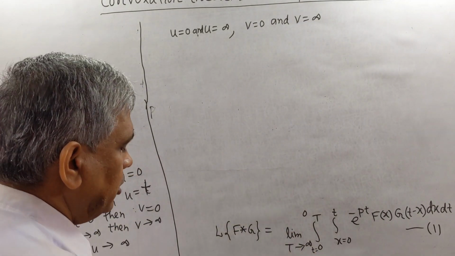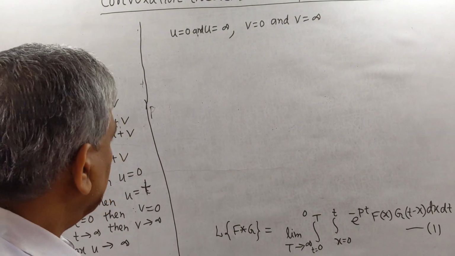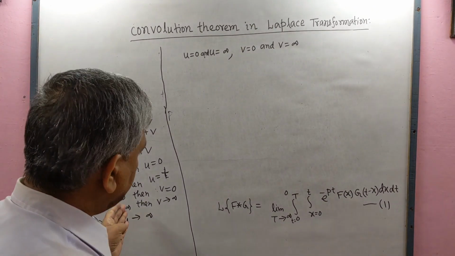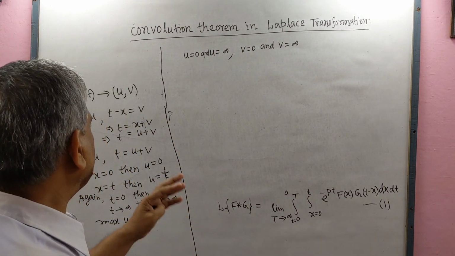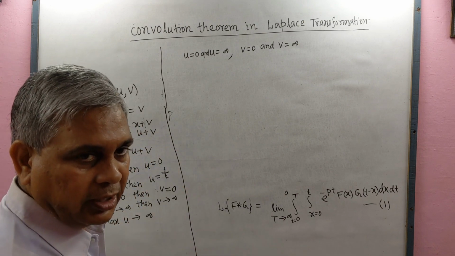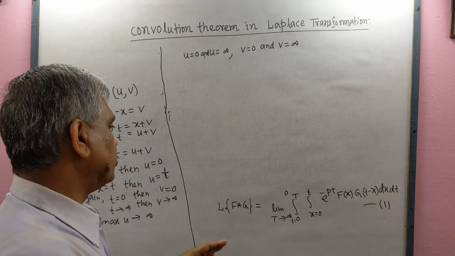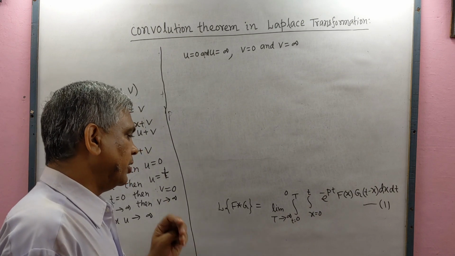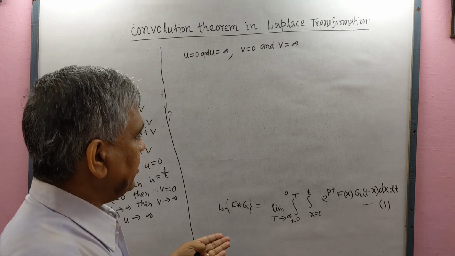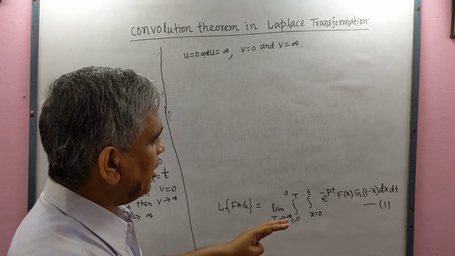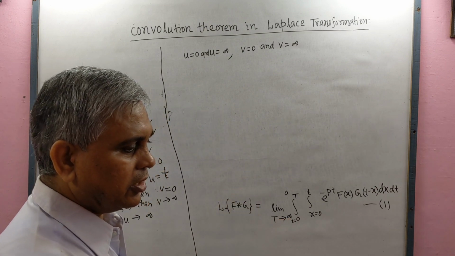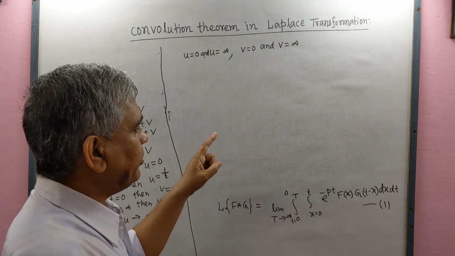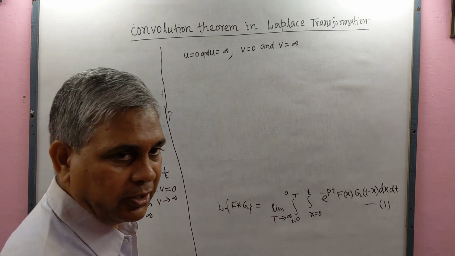So we may take the limit of the integration containing variables u and v, but it is to remember that when we change the integrations from one set of variables to another set of variables, in that case the Jacobian plays an important role.